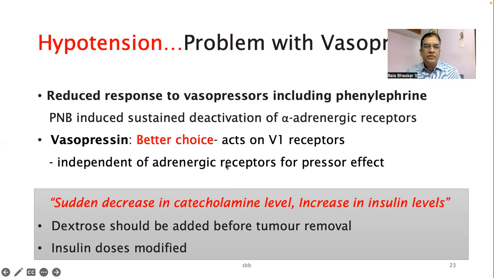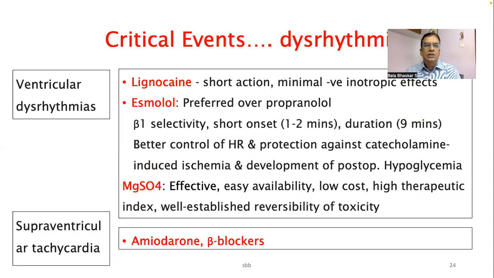There is also risk of sudden decrease in the catecholamines with increase in insulin levels. We may need to add dextrose to the infusion just before the tumor removal for the patient, and we can modify the insulin doses. There can always be critical cardiac events, including ventricular dysrhythmias or supraventricular tachycardias. We can use lignocaine, esmolol, and even magnesium sulfate has been used effectively.